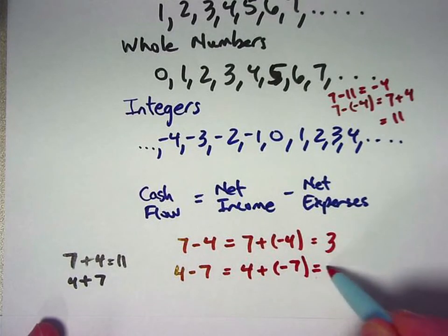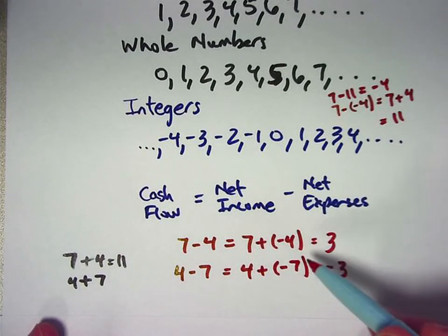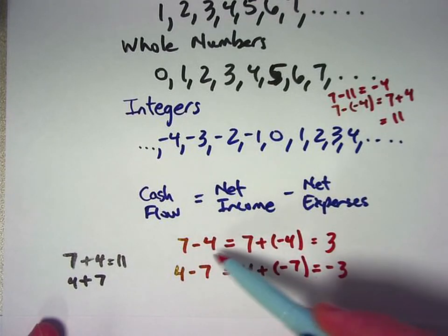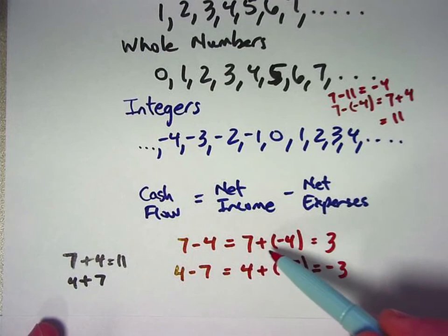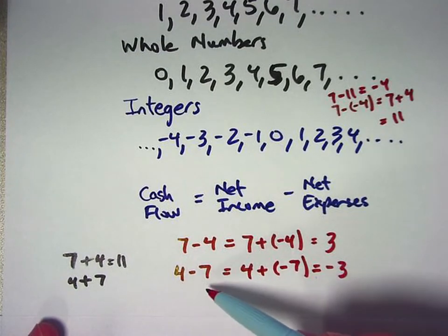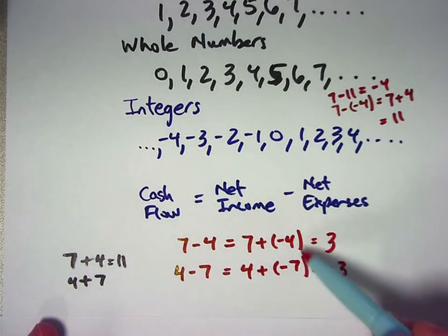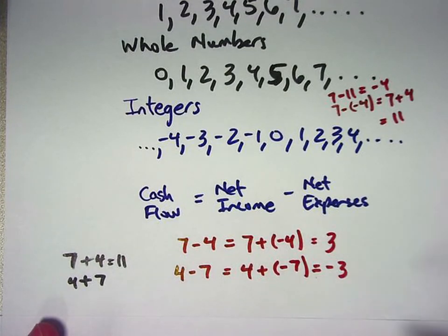And the reason you don't get the same thing is that you really are adding two different things in these lines. In doing 7 minus 4, you are really doing 7 plus negative 4. On the other hand, in doing 4 minus 7, you are really doing 4 plus negative 7. It's a different addition, giving you a different number, in this case 3 and negative 3.